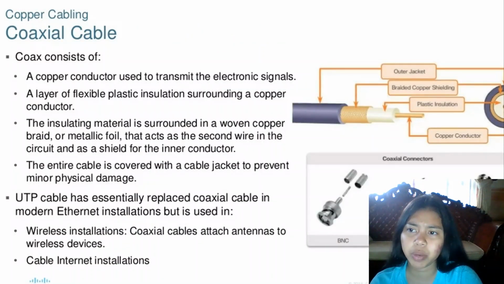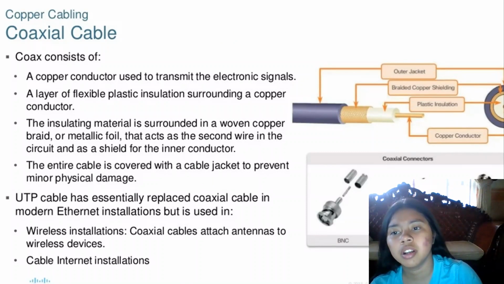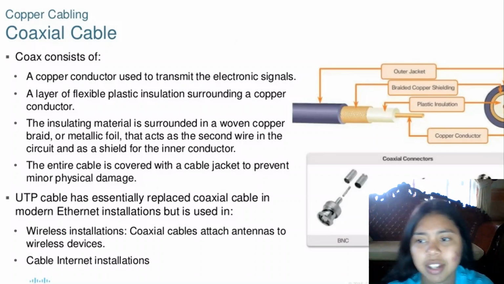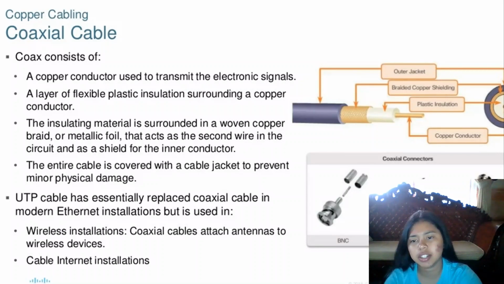The coaxial cable consists of a copper conductor and a layer of flexible plastic insulation. The insulating material is surrounded by a woven copper braid or metallic foil that acts as the second wire in the circuit and as a shield for the inner conductor.